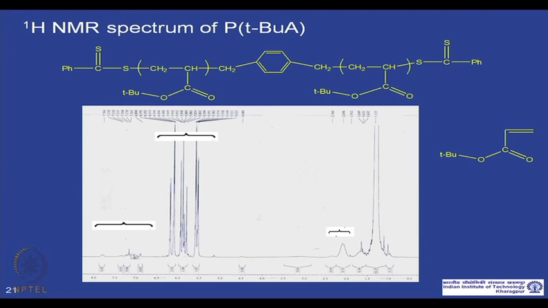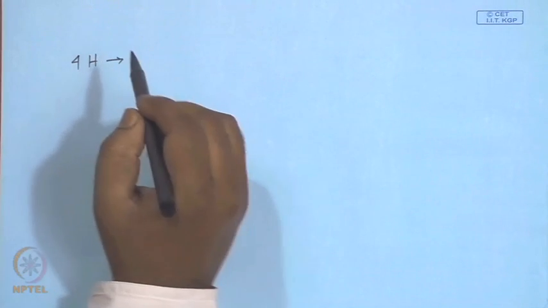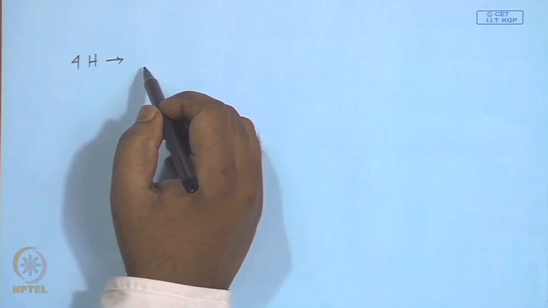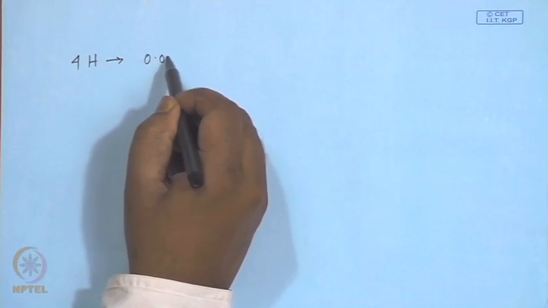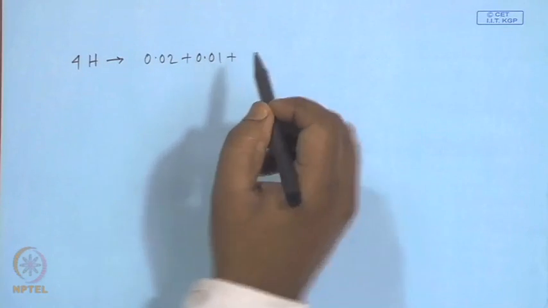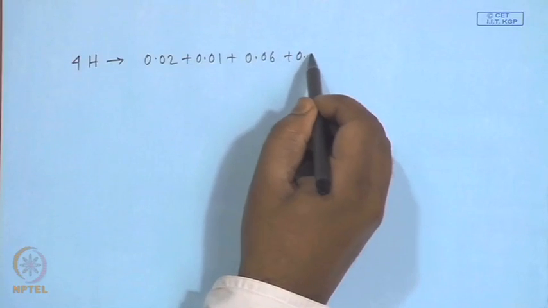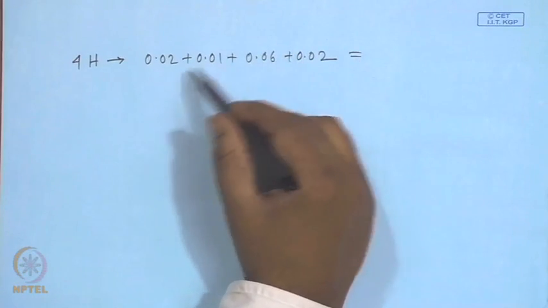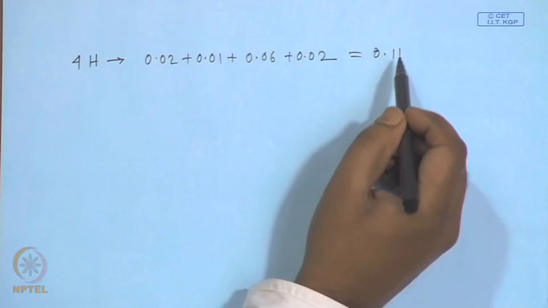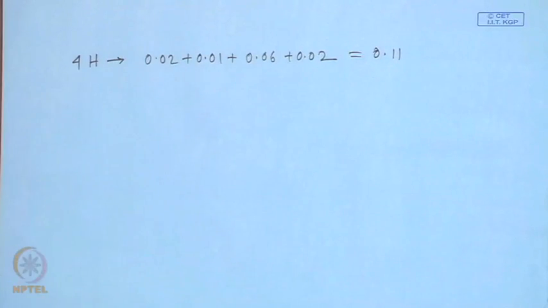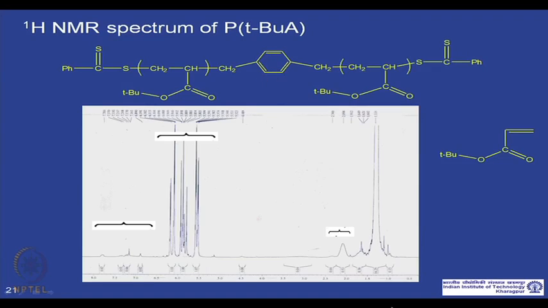Now, these peaks correspond to these 4 aromatic protons. You cannot see it properly, but it comes around 0.11. So, this corresponds to the 4 hydrogens of these 4 aromatic protons.